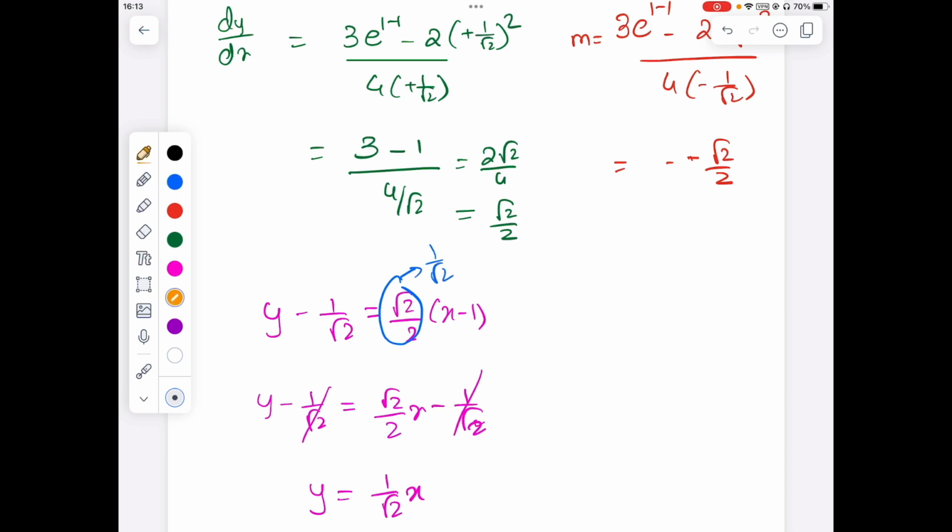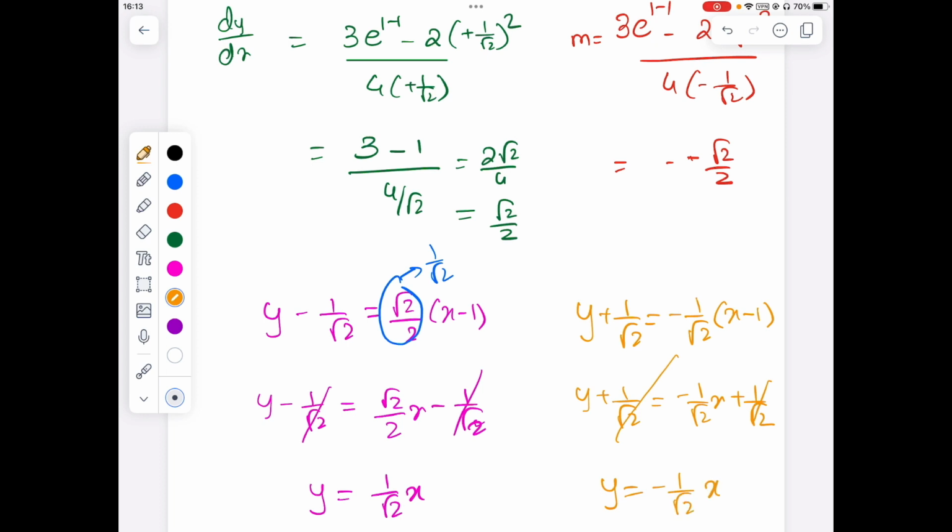Now when I take the negative value, y plus 1 upon root 2 equals minus 1 upon root 2 times x minus 1. So y plus 1 upon root 2 equals minus 1 upon root 2 times x plus 1 upon root 2. Again they cancel, y equals minus 1 upon root 2 times x. That's going to be the answer. See you in the next video.